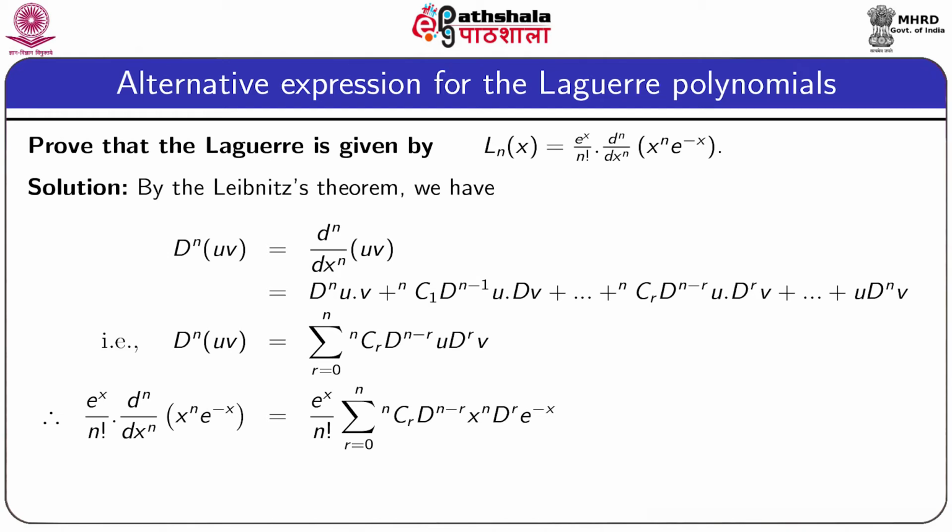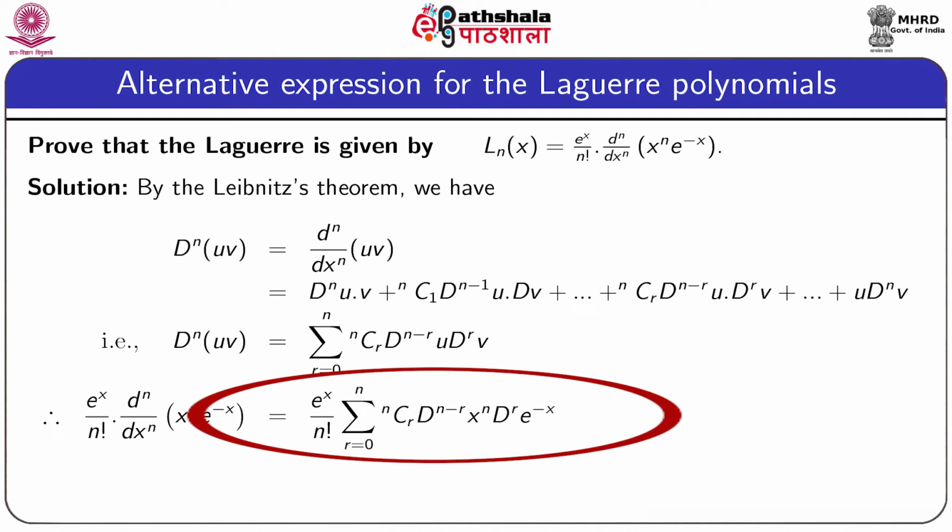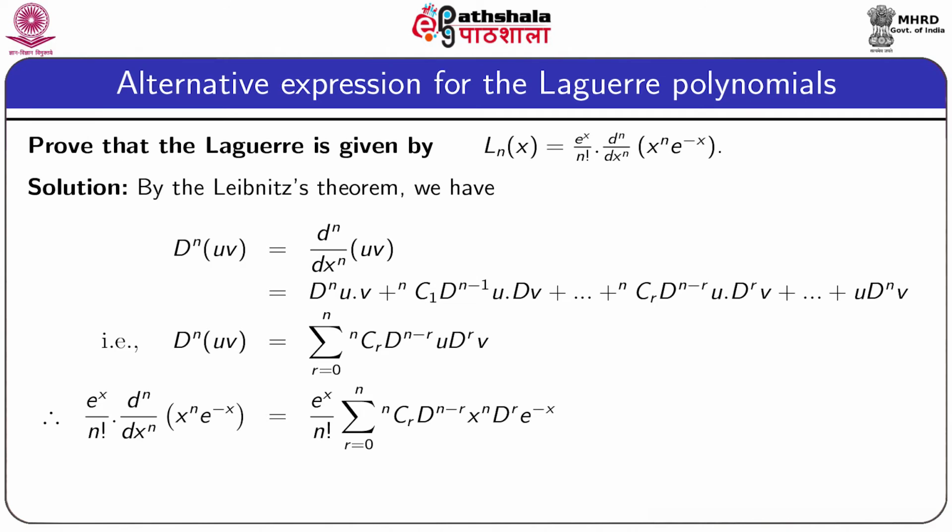Using Leibniz theorem on these two functions, this is equal to e^x by n factorial summation r equal to 0 to n nCr d^(n-r) x^n d^r e^(-x), which means the (n-r)th derivative of the function x^n and the rth derivative of e^(-x).